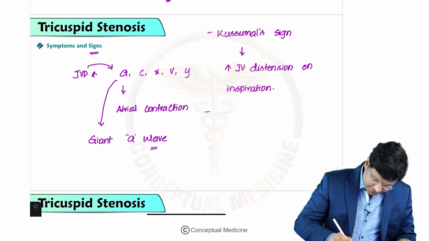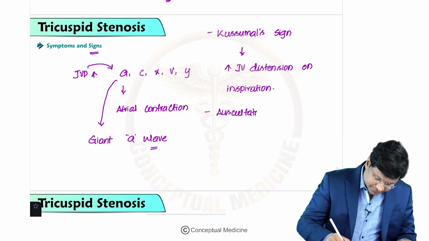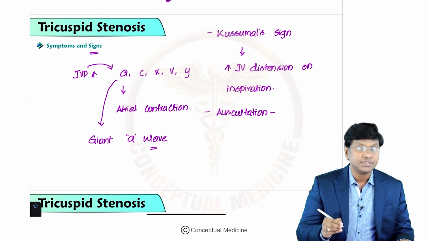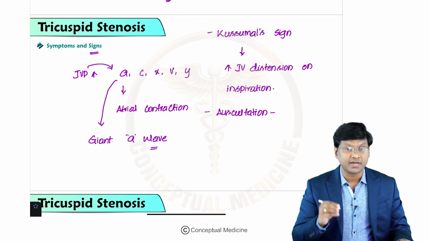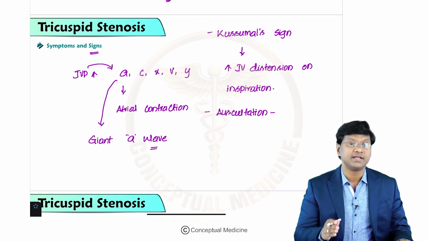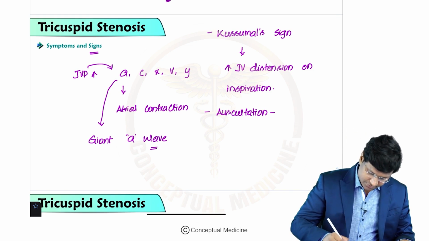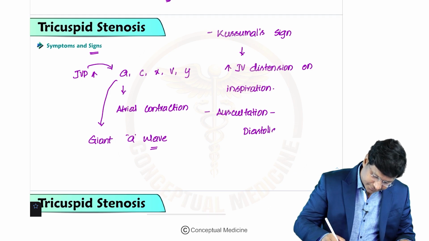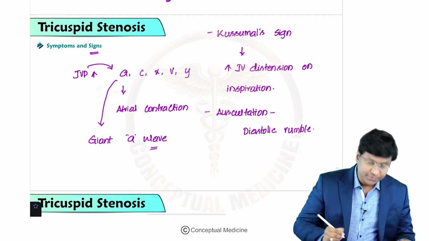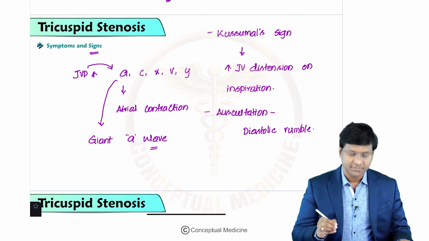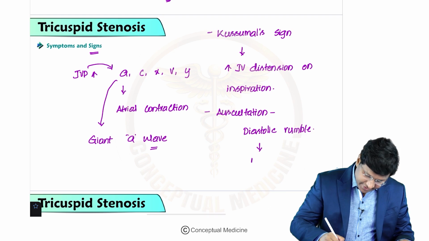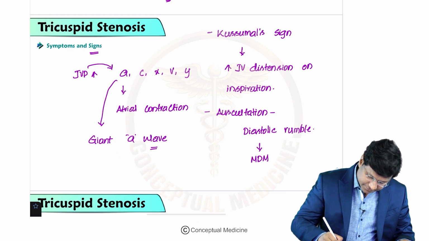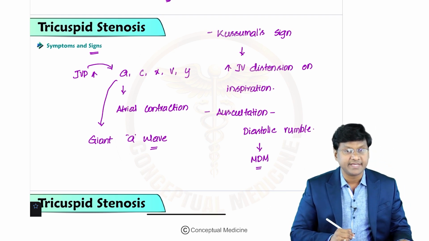if you take the auscultation, the very important finding is that you will hear a diastolic rumble along the lower left sternal border. You will listen to a diastolic rumble, and this diastolic rumble is a mid-diastolic murmur.